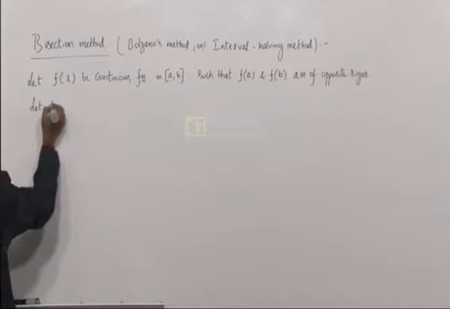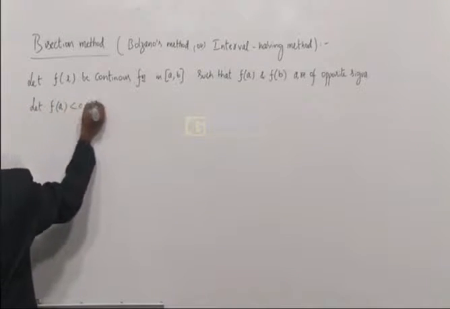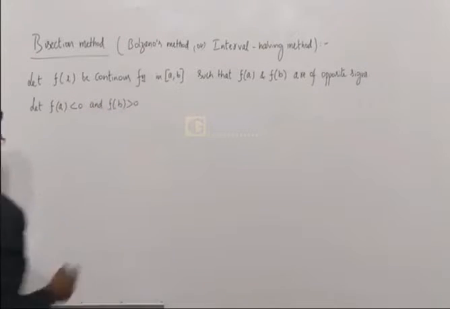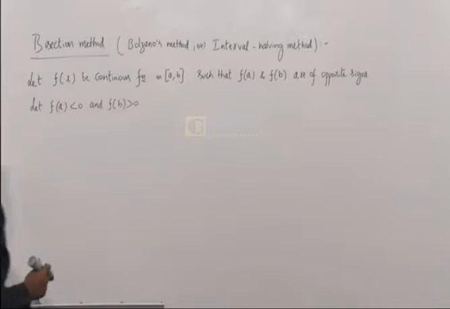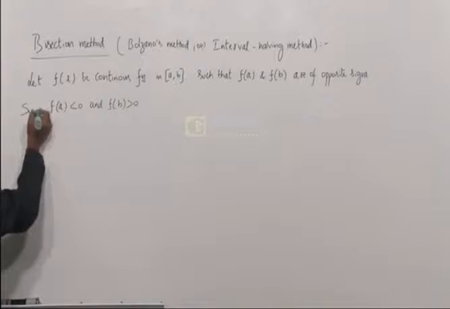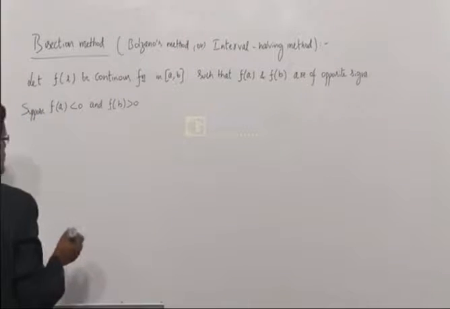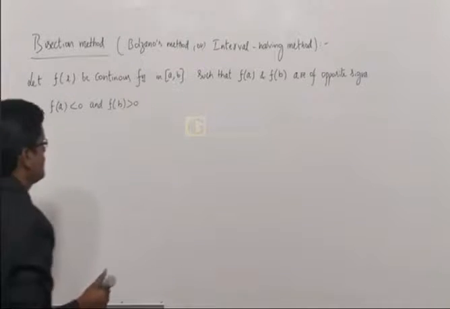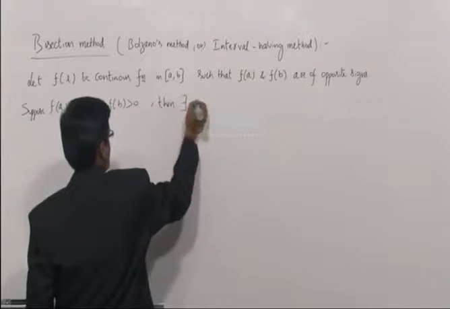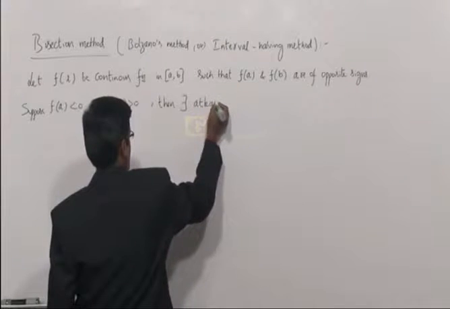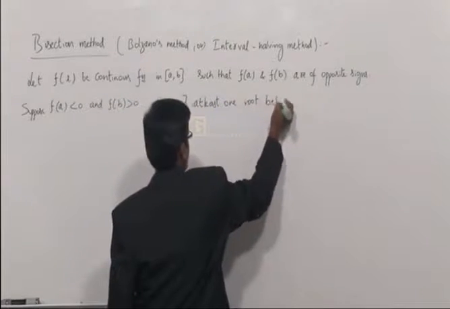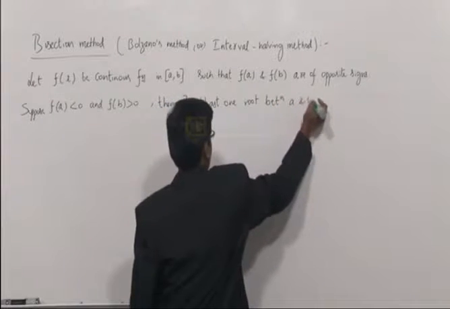And the next step, let f(a) less than 0 and f(b) greater than 0, or suppose the reverse. Then there exists at least, this is the intermediate value theorem only, one root between a and b.